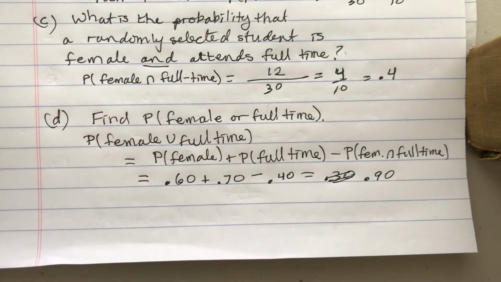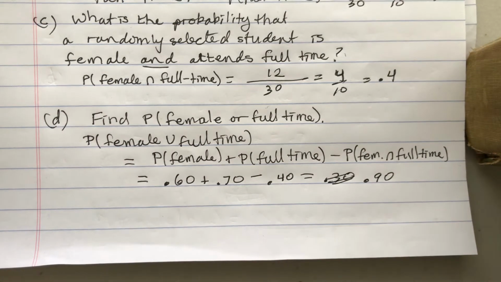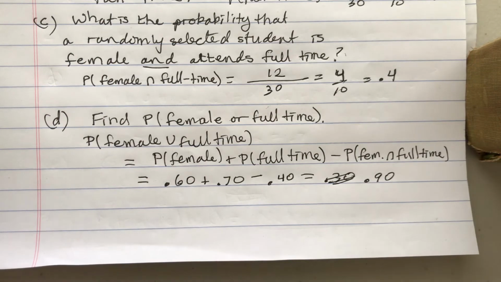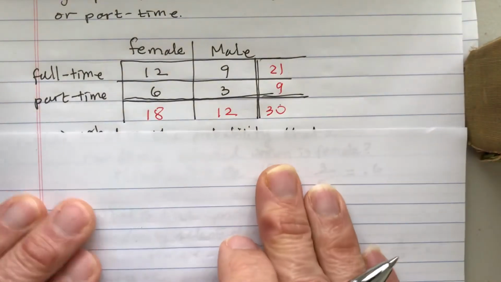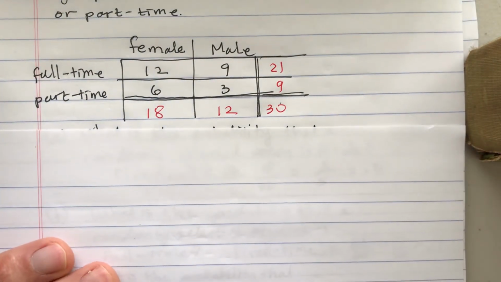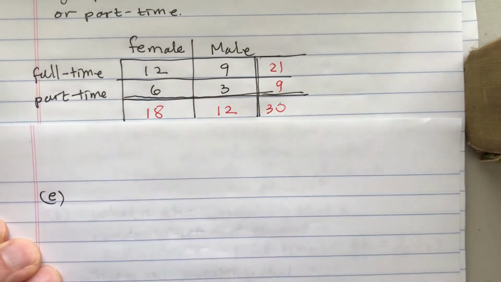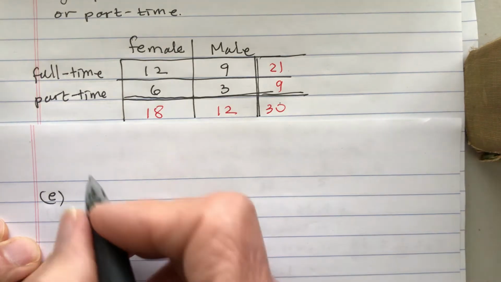All right, now moving on to other problems and a new page. Let's go on to E. When I do this, I can go up to the top here for part E and look at this again. Okay, for E, we have this conditional probability.